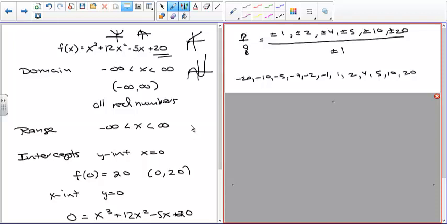Now, because you have the y-intercept of 20, and because the leading coefficient here is positive, it's going to have to look either like this one or this one. You know, it's going to start at negative infinity, come up here. Somewhere it's going to go through the x-axis. And with a y-intercept of 20, we'd look at this little graph here.